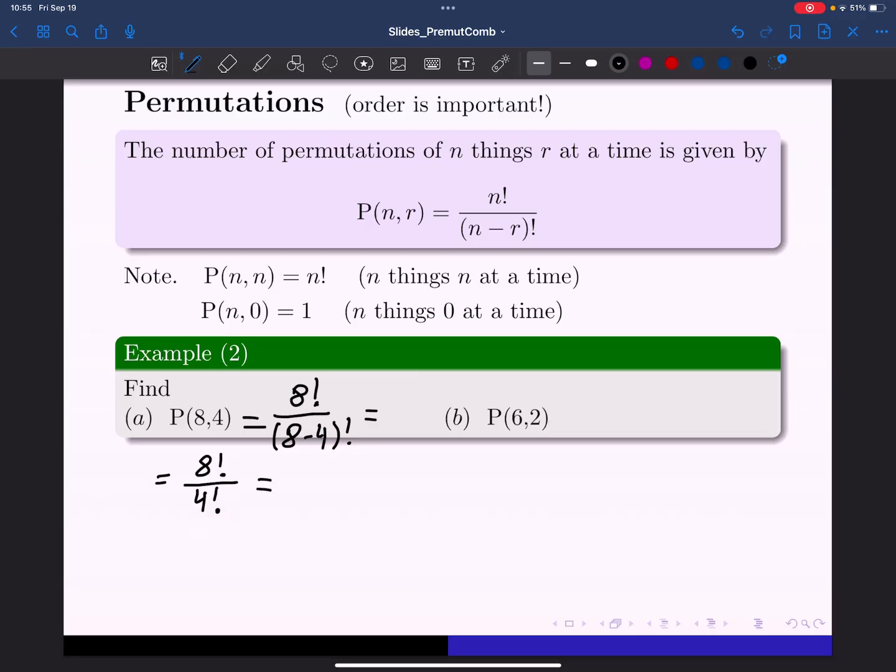As we did in the first example, this is going to be equal to 8 times 7 times 6 times 5 times 4 factorial over 4 factorial. The 4 factorials cancel out, and if we type the rest on the calculator, we should get 1680 choices for part A.